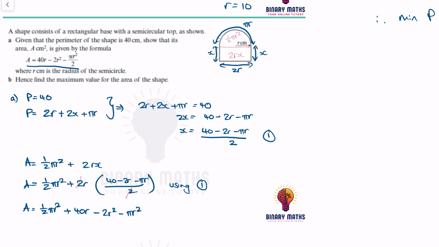Okay, if I rewrite it now, I've got 40r from the second term minus 2r squared. Half pi r squared minus 1 lot of pi r squared gives you minus a half pi r squared, which is what we want. Hence, find the maximum value for the area of the shape.